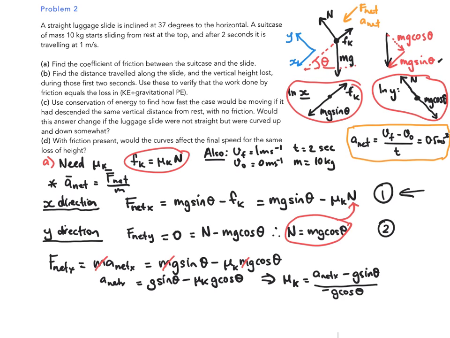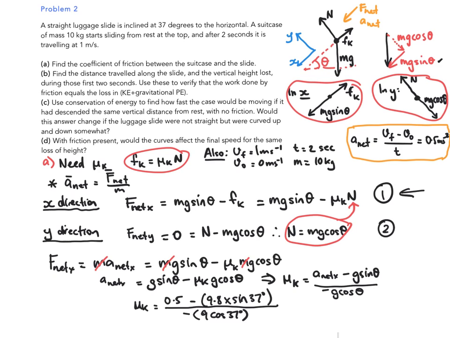This is awesome because now we can just plug values in. So mu k, which is what we're looking for, is equal to 0.5, which we calculated up the top in the orange box, minus 9.8 times sine 37 degrees, all divided by negative 9.8 cos 37 degrees.